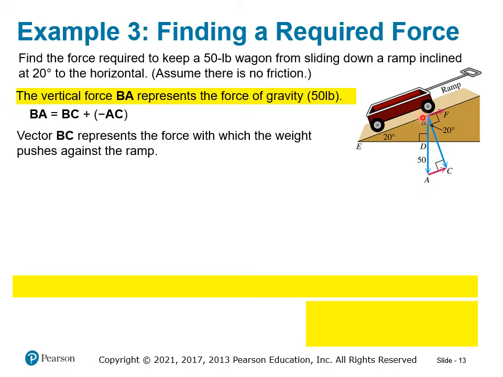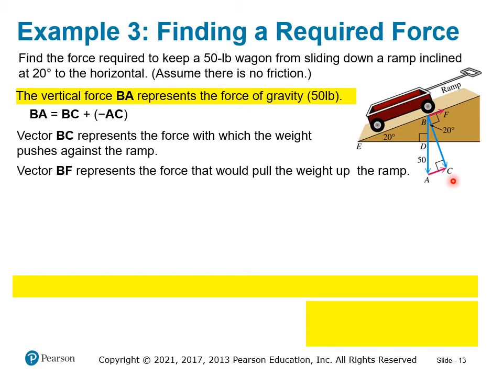Your weight is based on gravity, which is a direct perpendicular force to the earth. Here, since we're on a hill, there's a different value of that weight, as we've seen, caused by the angles and the trig functions. It's not going to be the same magnitude. It's going to be slightly smaller.